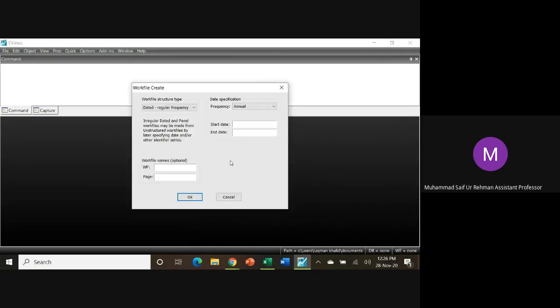Date issue. Let us say, how many values were there? 30 values. So you may start from 1992 to 2020.